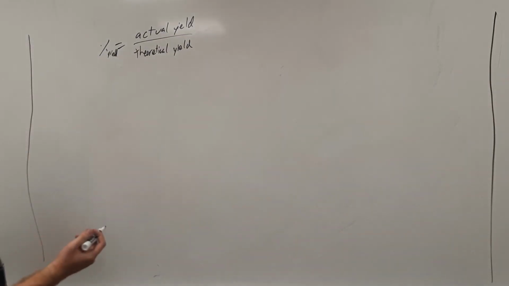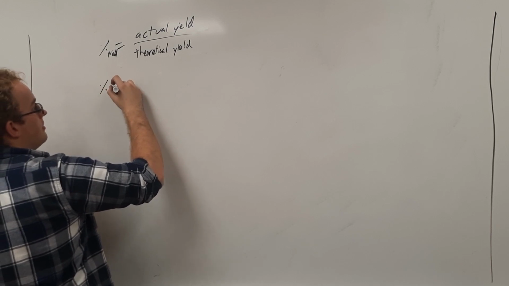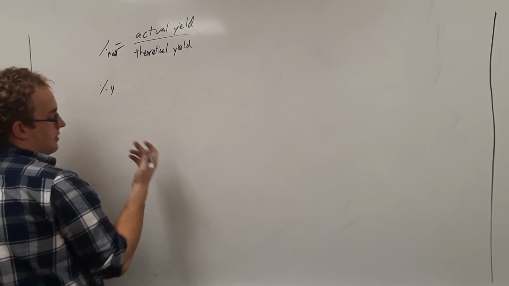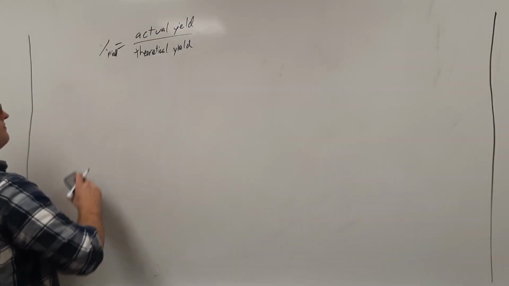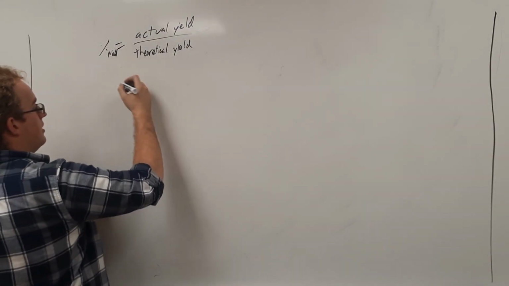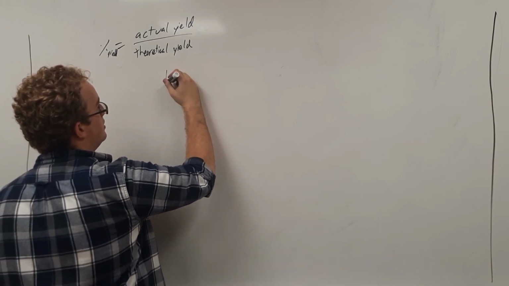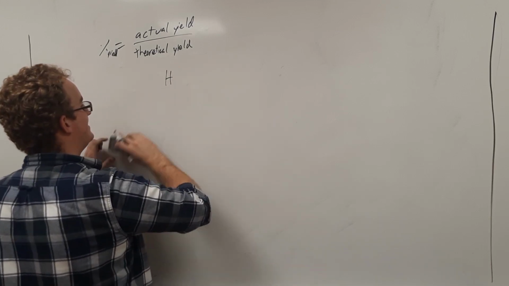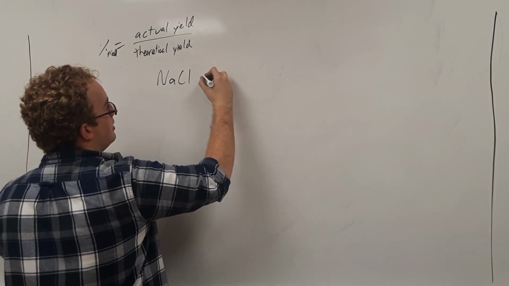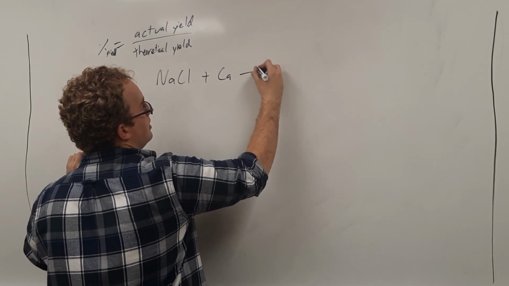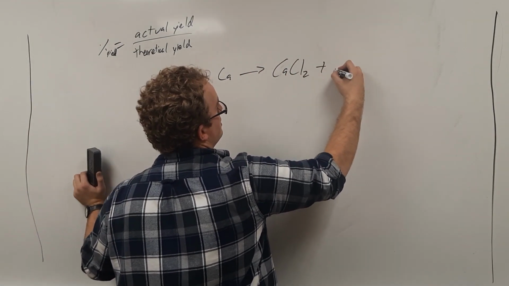So you can have a problem that says something like your percent yield, or okay, let me write a simpler version of this really quick. Let me just write an equation. Let's say you have sodium chloride plus calcium equals calcium chloride plus sodium.